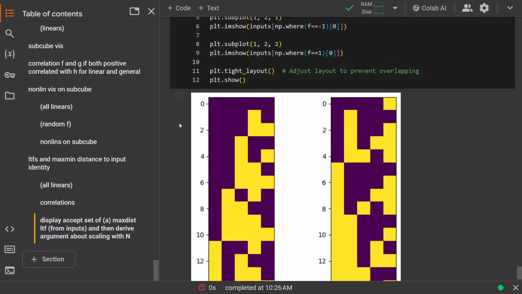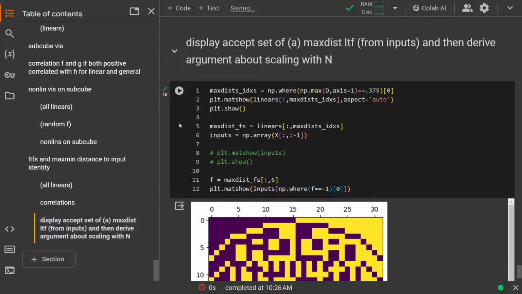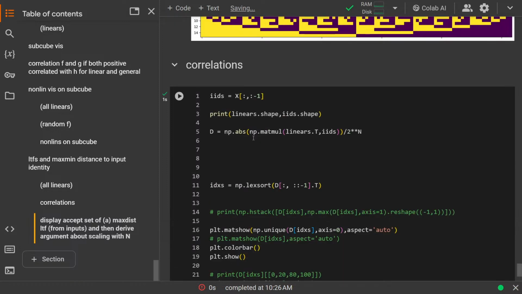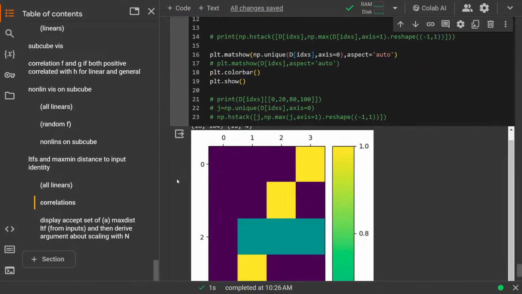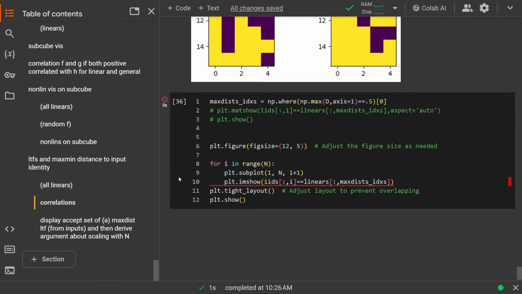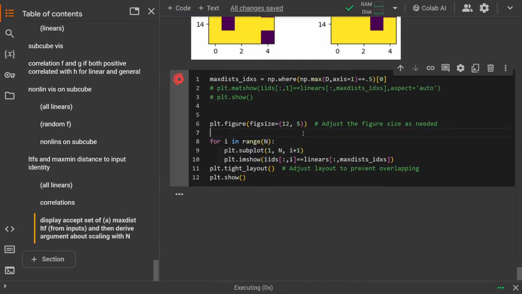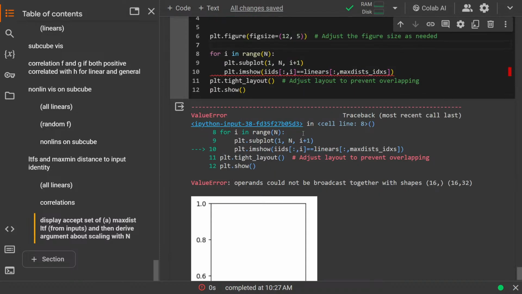I need to recalculate D. Where does that happen? Over here. Then go down, recalculate. Oh no. 16.